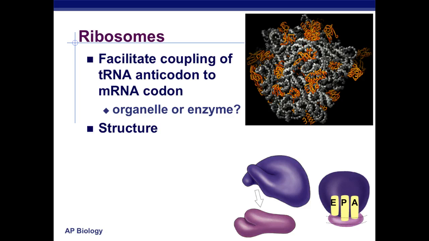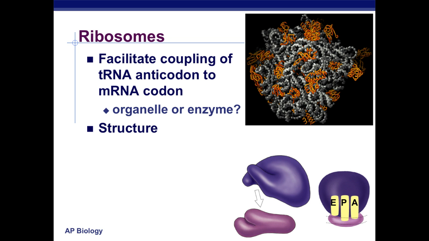So is the ribosome an organelle or an enzyme? If you want to define organelles not as membrane-bound organelles, but just as any structure that is within the cell, then depending on how you classify it, you may classify the ribosome as an organelle.